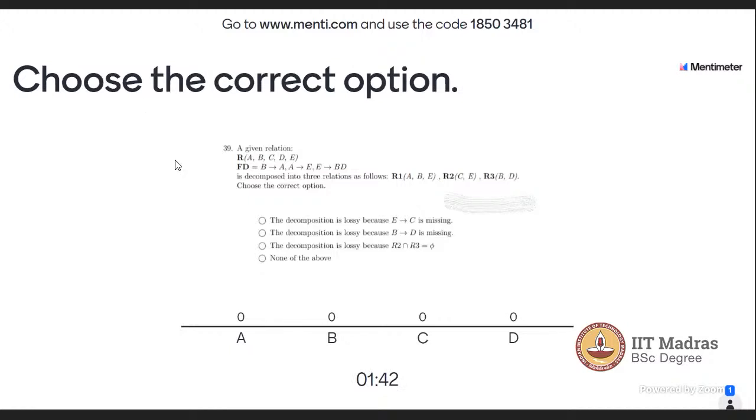Someone has answered within 15 seconds. Okay. Don't do cheating, guys. Within 15 seconds, you are answering this question. After you have solved this question in the activity, then it is okay.